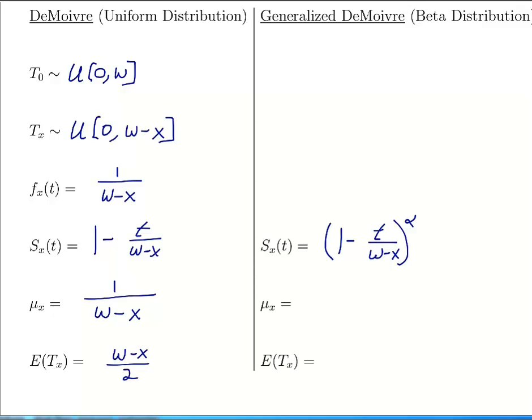And for the force of mortality, we get alpha over omega minus X. And for the expected value of T sub X, we get omega minus X over alpha plus 1. So you can see if alpha is 1, you just get the formulas that we wrote down for the DeMoivre.